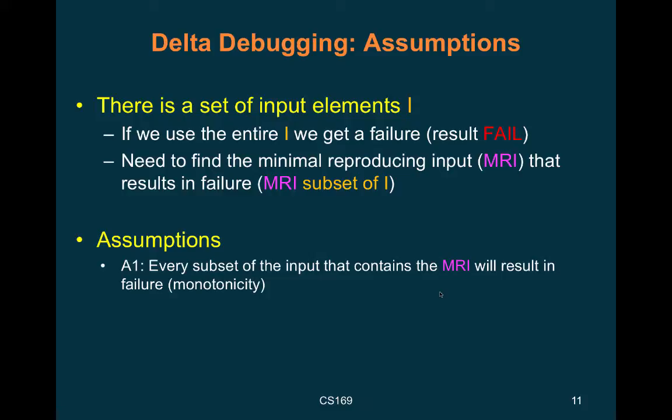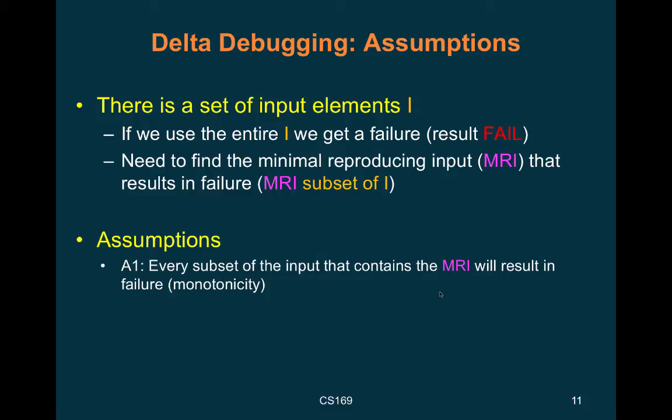This assumption is called monotonicity, and it says that if you have an MRI that reproduces the failure, any subset of the input that contains the MRI will still reproduce the failure. As long as the MRI you're looking for is in the set you're considering, you're seeing the crash. And you keep reducing the set, keeping the MRI inside, until you very tightly identify it.